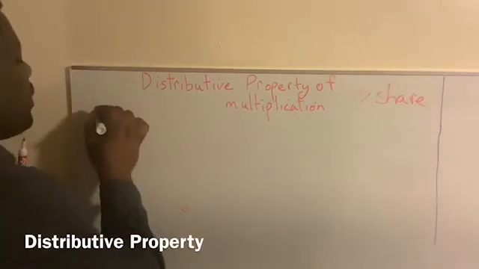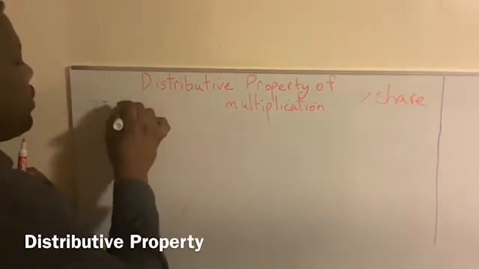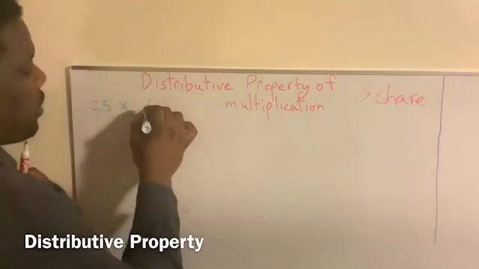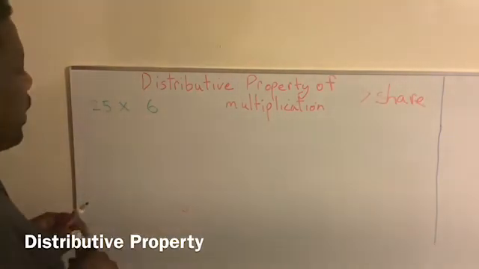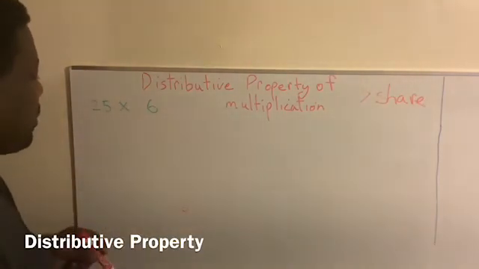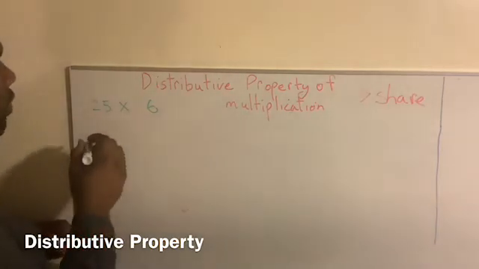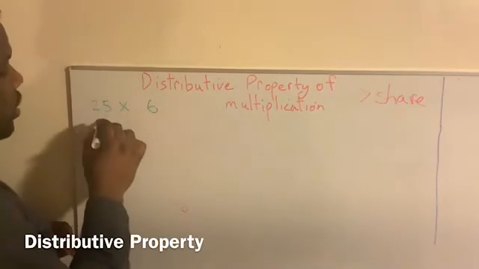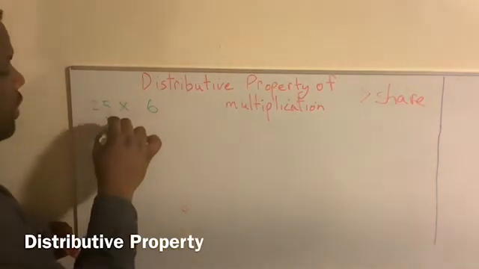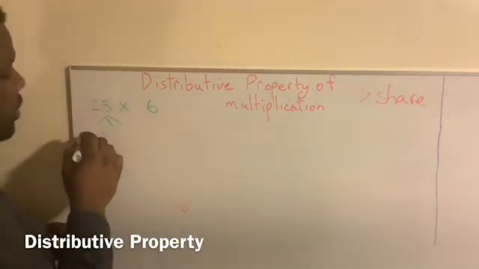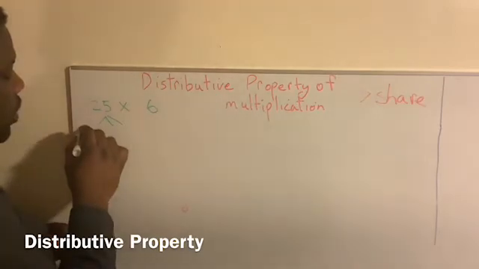Let's try 25 times 6. Now you're probably saying you don't know the 25 times tables, so we can break it up into parts that we are comfortable with. Now I know we can possibly break up 25 into 3 parts that are easy to work with.